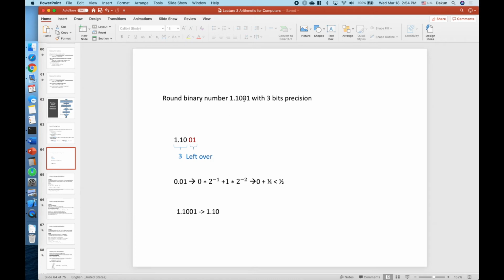The next example is if we try to round 1.1010 with 3-bit precision, then the leftover is 10. Translated to decimal, 10 is 1 times 2 to the power of -1 plus 0 times 2 to the power of -2. Then we get 1/2 plus 0, which is equal to 1/2.